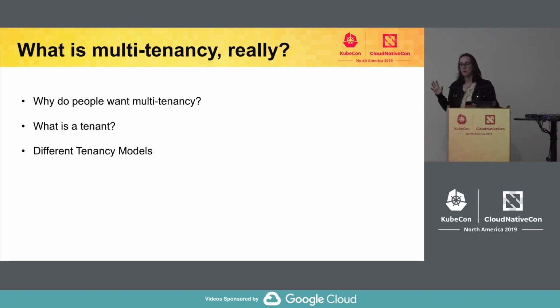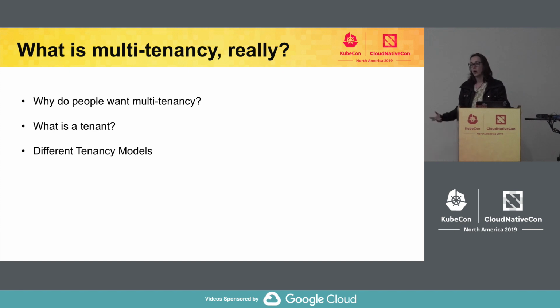That's what we think of as soft multi-tenancy. Hard multi-tenancy is no trust. You need complete lockdown. You probably need separate API control planes for separate tenants, and you need complete storage isolation and network isolation. Those are the two degrees of tenancy that we talk a lot about.